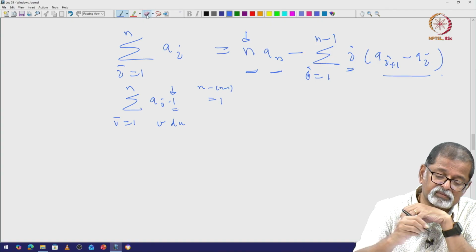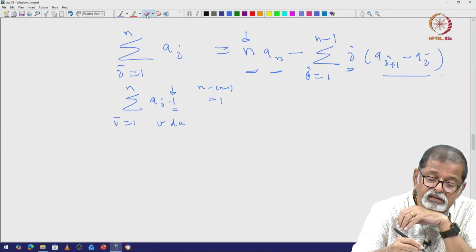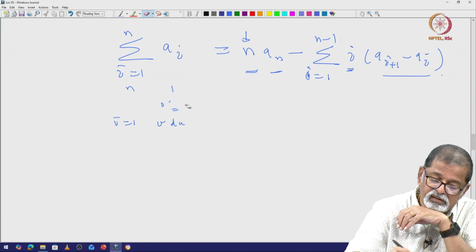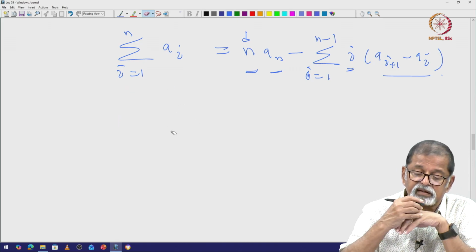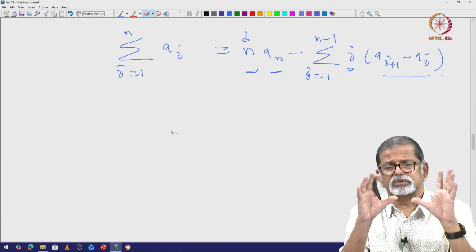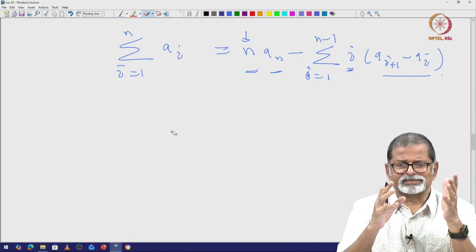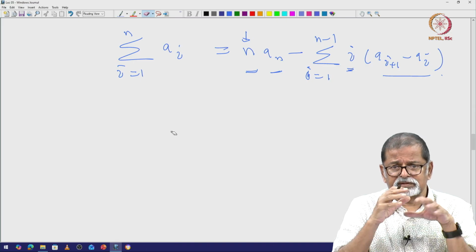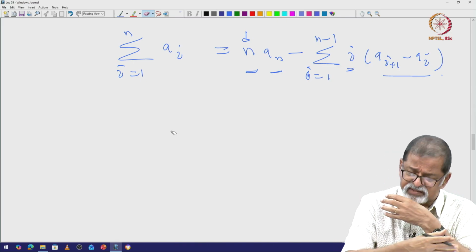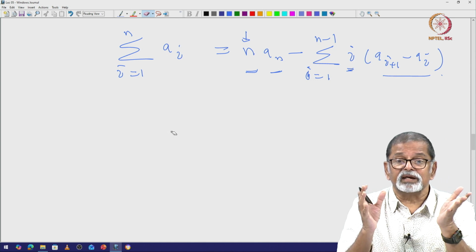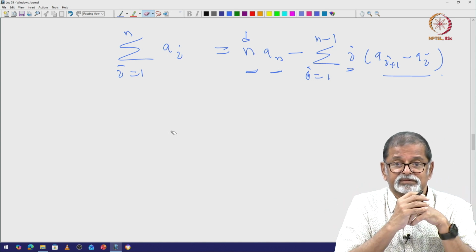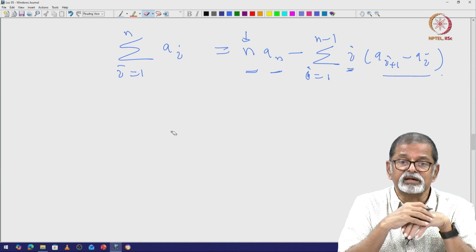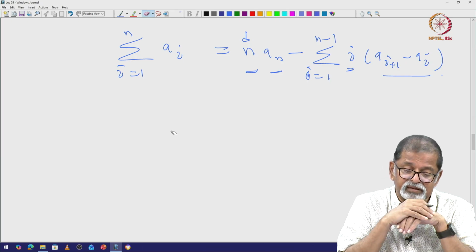So, I will not clutter this detail. But even if you do not relate this to summation by parts or with integration by parts, this formula is easy to verify. Okay. This formula is easy to verify.